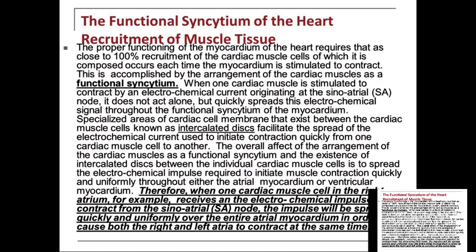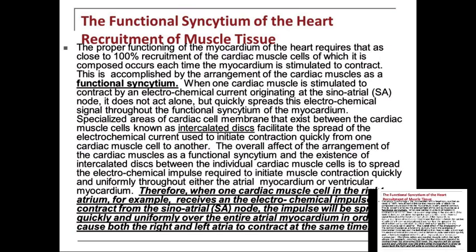So that one heart cell of the right atrium is communicating with another heart cell in the left atrium, and they know to contract in harmony. Okay, and I'll go through that with you in another illustration.